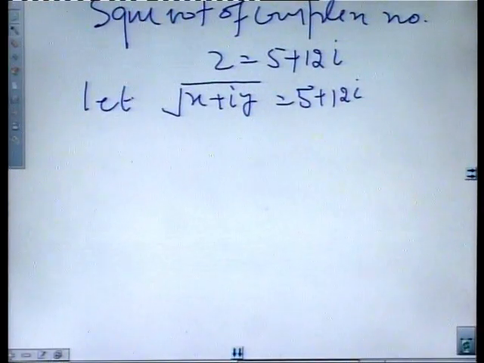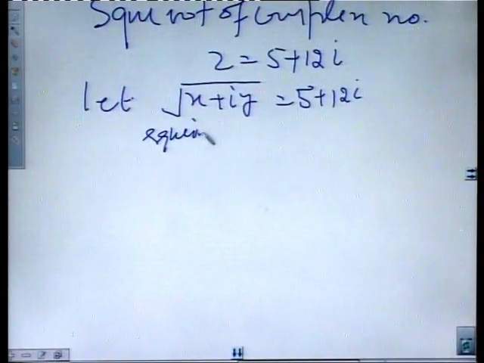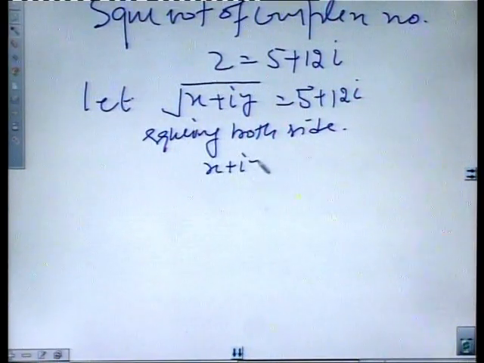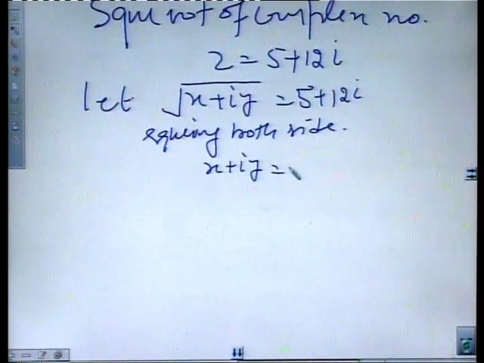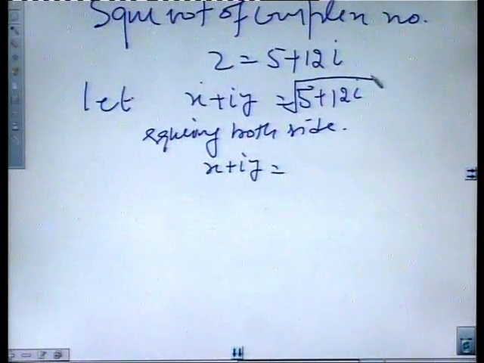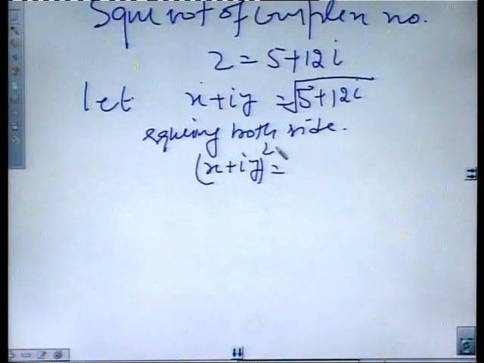Now squaring both sides, x plus iota y whole square is equal to 5 plus 12 iota.